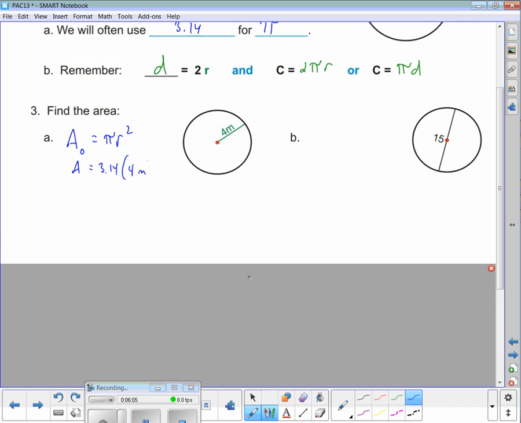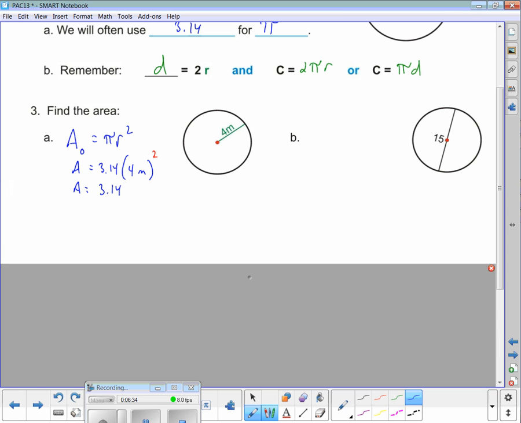I'm putting 4 meters because I always include my units, don't I? I don't violate the order of operations, right? You must do the squared part first before you do any multiplication. If you violate that, you're going to get a wrong answer. So this is going to end up 3.14.